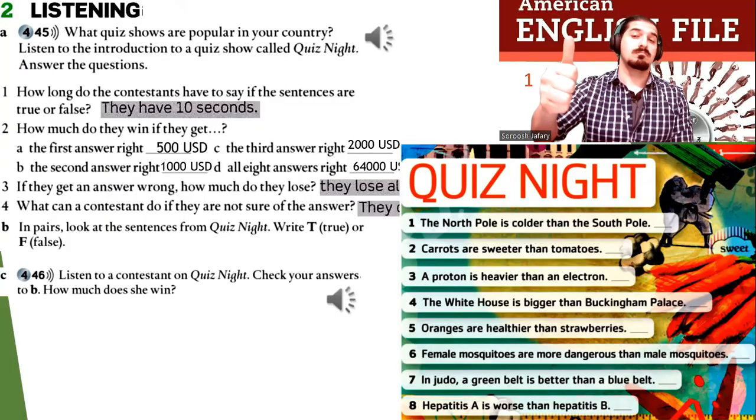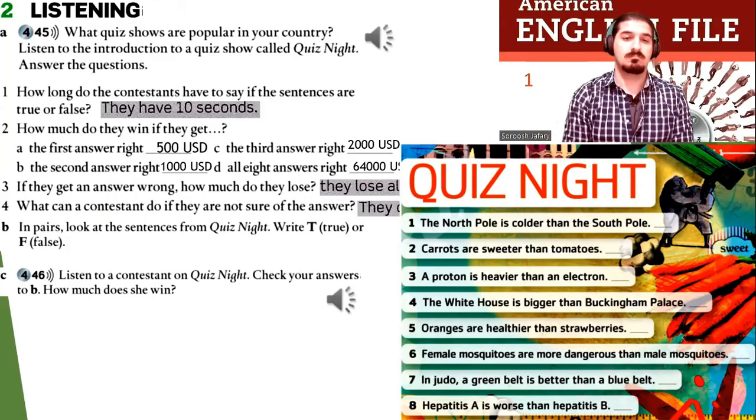Okay, for $2,000, a proton is heavier than an electron. I think it's true. Correct! A proton is more than 1,800 times heavier than an electron. Next, for $4,000, the White House is bigger than Buckingham Palace.